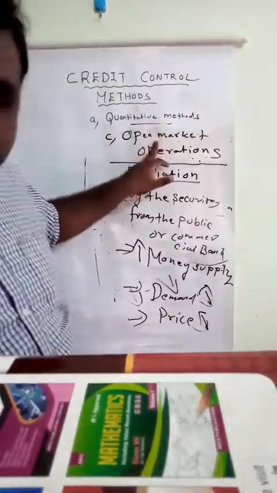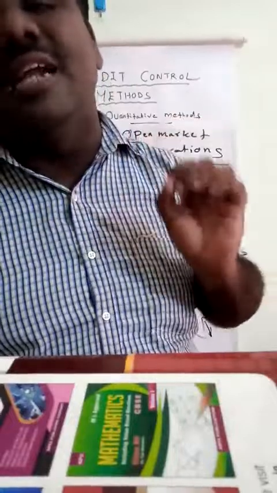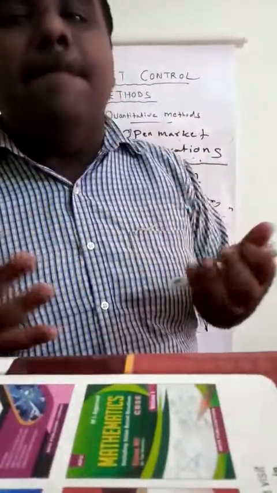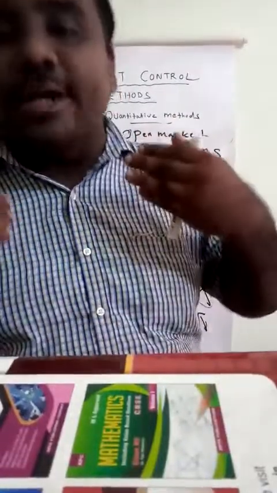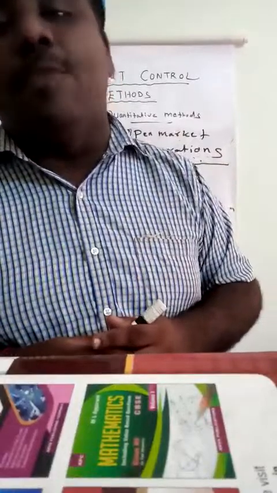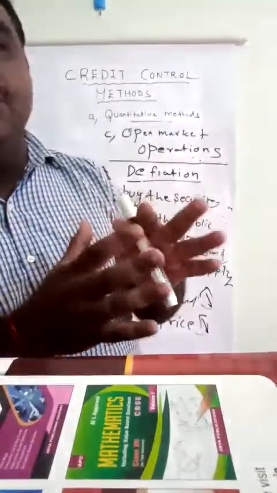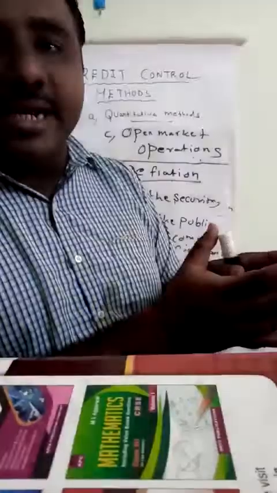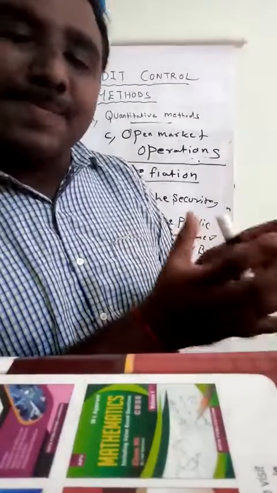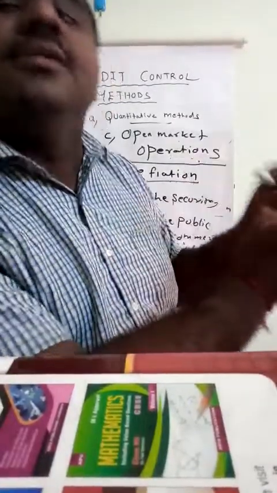So at the time of inflation, what will the central bank do? At the time of inflation, the central bank gives the security back to the public or back to the commercial bank. When the central bank gives the securities back to the public, in turn the public has to give up the money to the central bank.